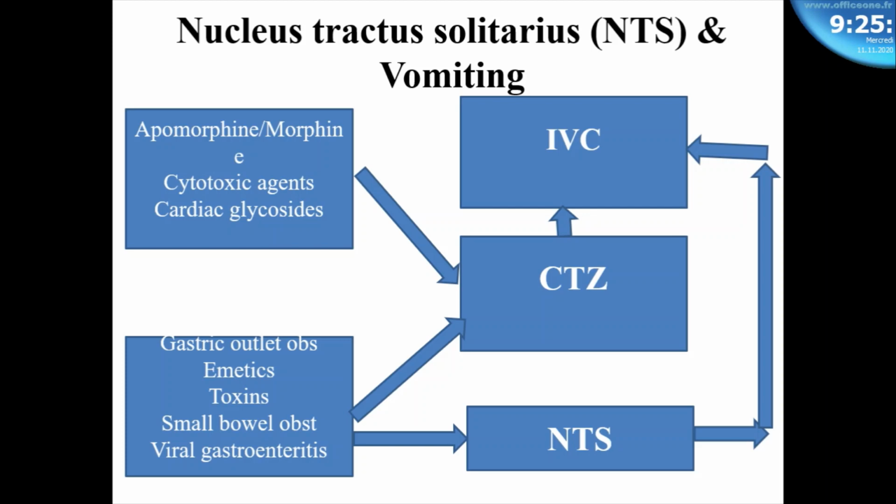Friends, as you have seen, don't think that when your chemoreceptor trigger zone is damaged, you are not going to have vomiting, because you have another center which works with vomiting independently without stimulating chemoreceptor trigger zone, so to stimulate IVC, which is nucleus tractus solitarius.